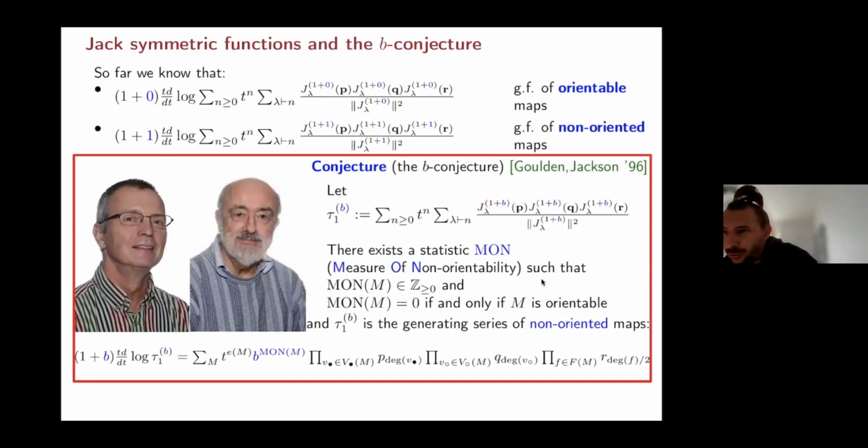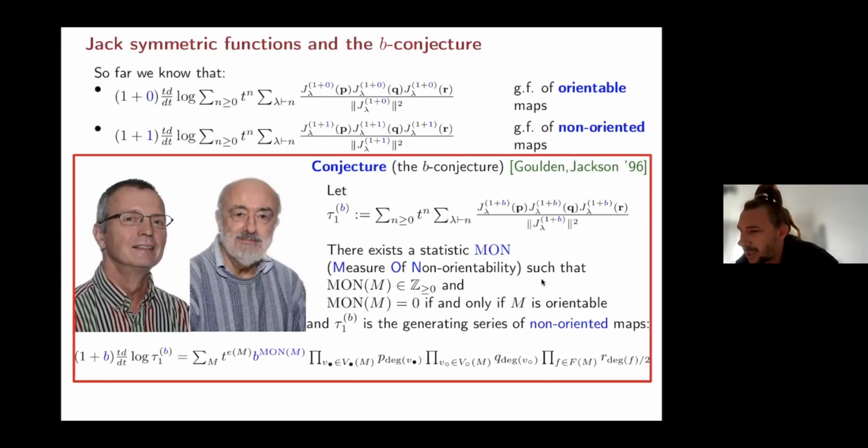If you take this generating tau function of Jack polynomials, the conjecture says that the t d/dt logarithm of this function is still a generating function of bipartite non-oriented maps, but there is a mysterious statistic which measures the non-orientability of your map.